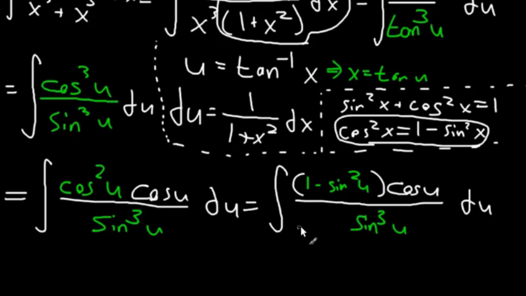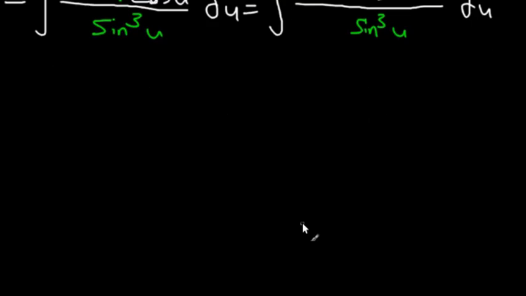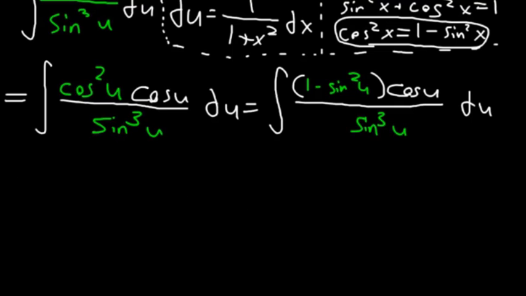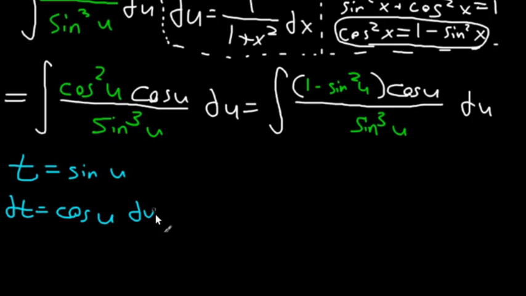And so now I'm going to do another substitution here. I'm going to put this in light blue. I'm going to let t equal sine u, so that dt is equal to cosine of u du.